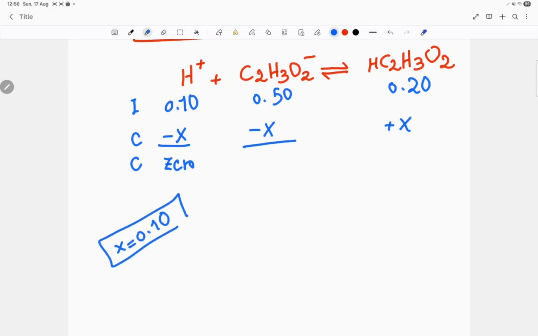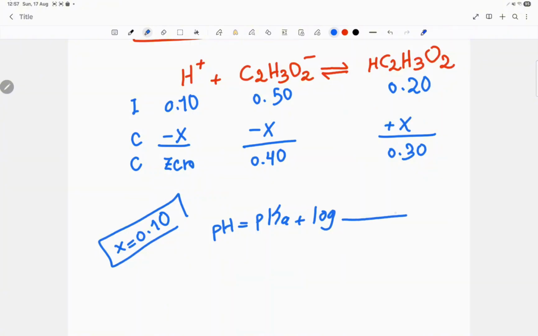So 0.50 minus 0.10 is 0.40. And 0.20 plus 0.10 is 0.30. So now we're going to say pH is equal to pKa plus log of the conjugate base over the weak acid.